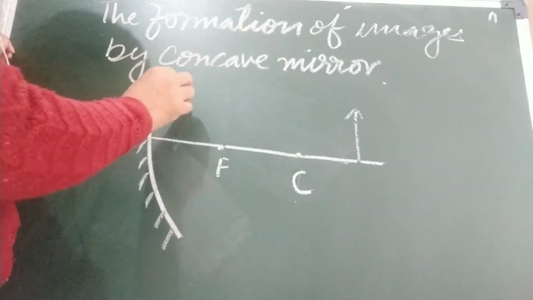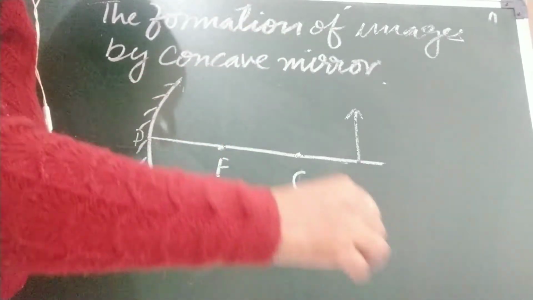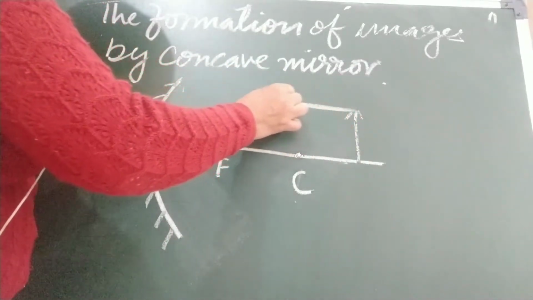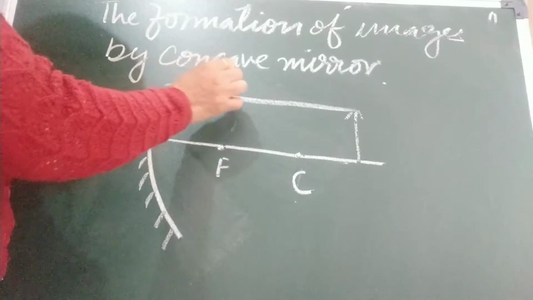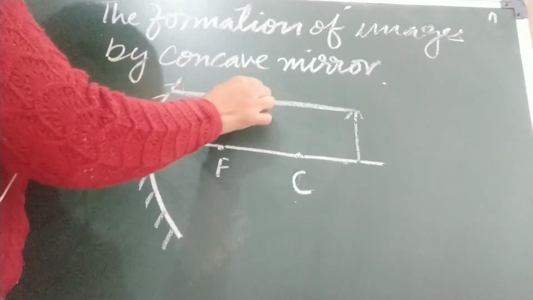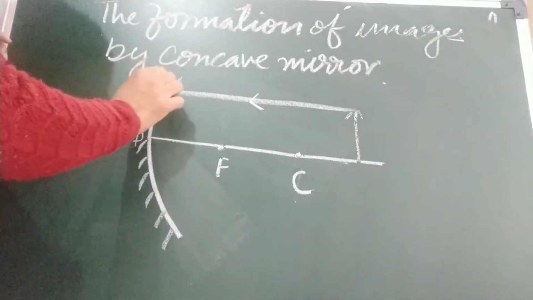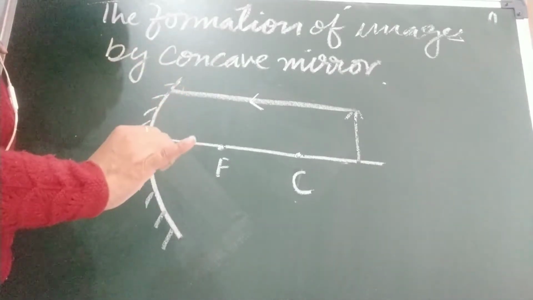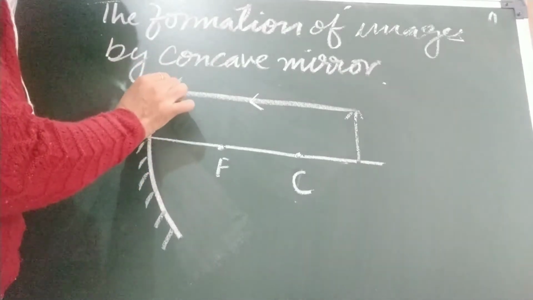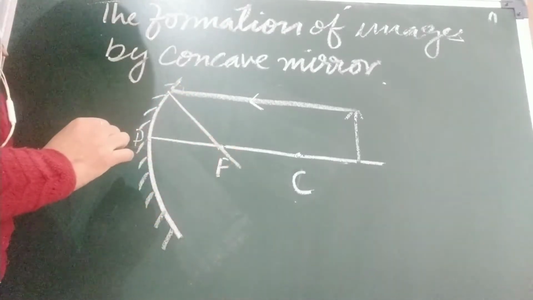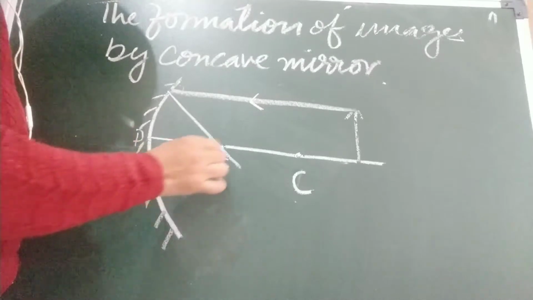There are many rays passing, but we will take only two rays. First ray is coming from this object's upper point. This is the light ray, always we form arrow. After striking the mirror, as I told you, this is a converging mirror, it is going to pass from the focus.